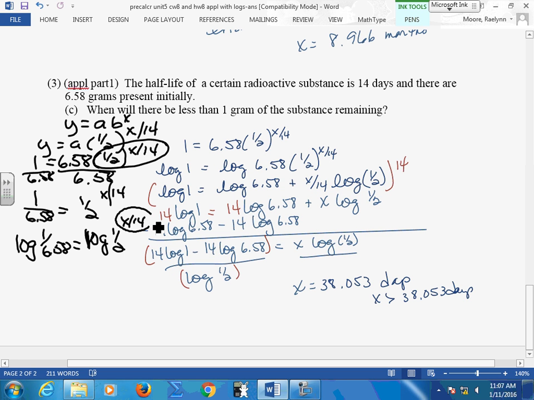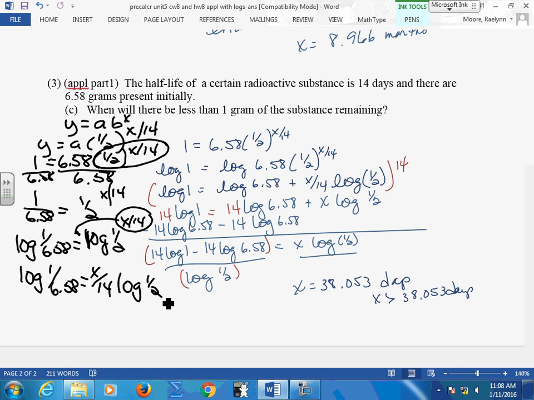So I'm going to take this exponent, I can't separate it from the 14 yet, and just bring it down. I can do the log of 1/2 in my calculator. I can do the log of 1 divided by 6.58 in my calculator.